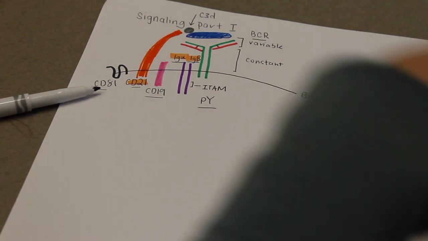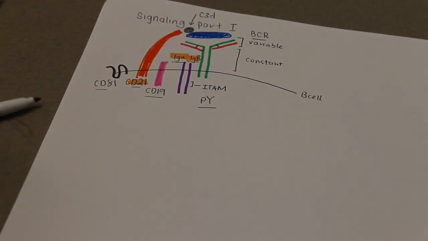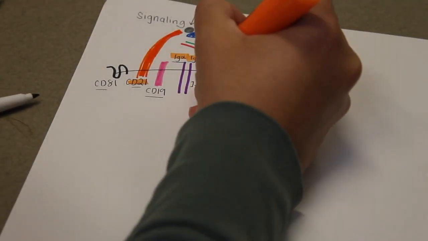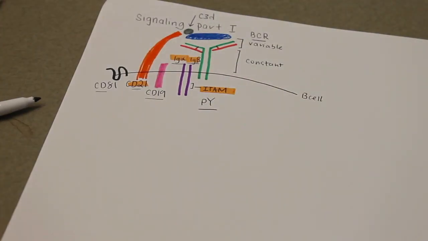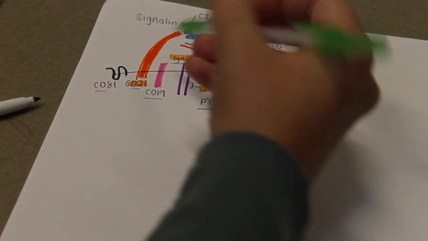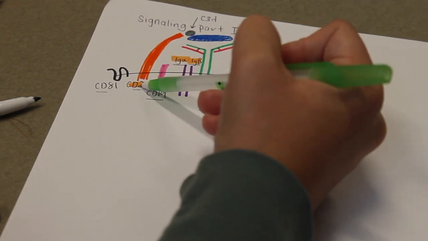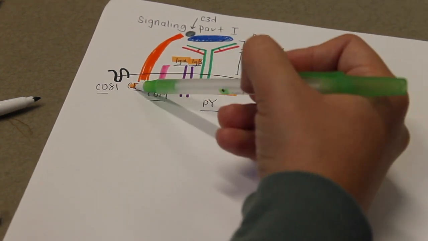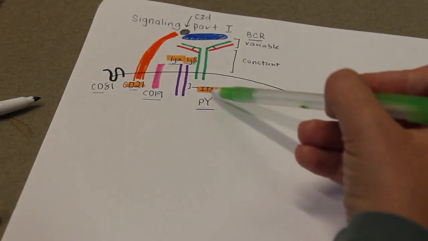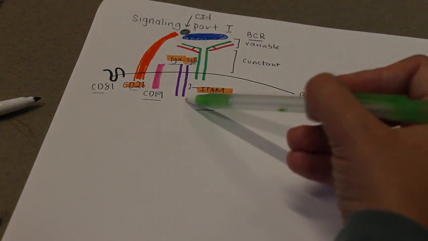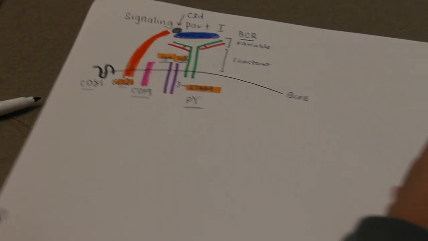These are important sites in these molecules. The take-home points here are the cooperation between adaptive immunity and innate immunity, increased multivalency, and the ITAM motifs within Ig alpha and Ig beta.